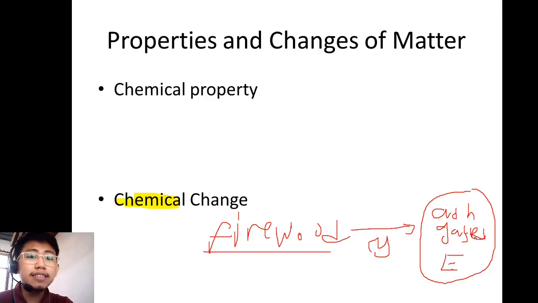Now, it doesn't carry the characteristic of wood anymore. You cannot say that ash has the same chemical composition as firewood. Normally, it's only carbon. Then you also have gases like carbon dioxide and carbon monoxide. Those are different chemical characteristics than firewood, and you also produce energy. So that is mainly the difference between a chemical property and a physical property.